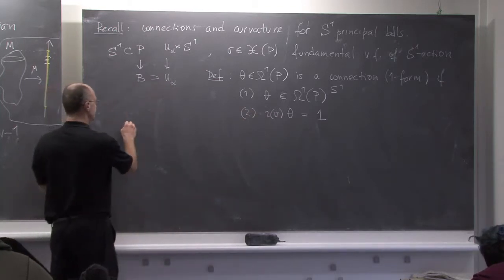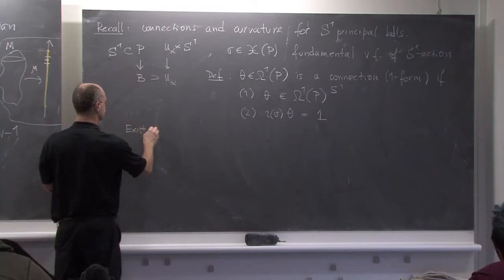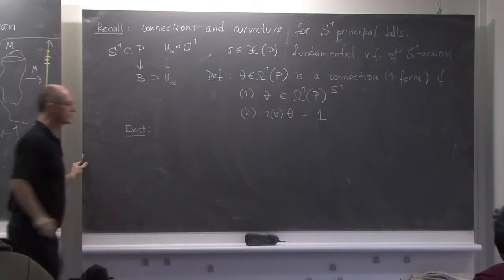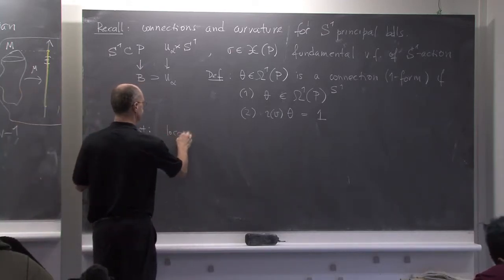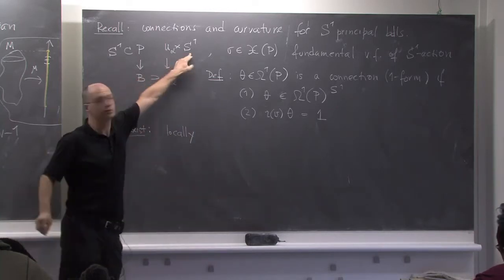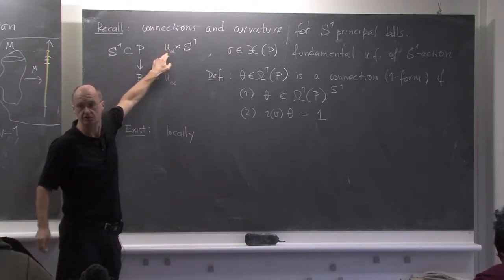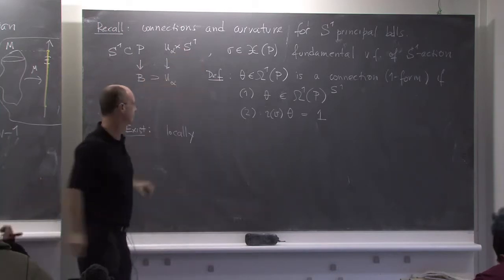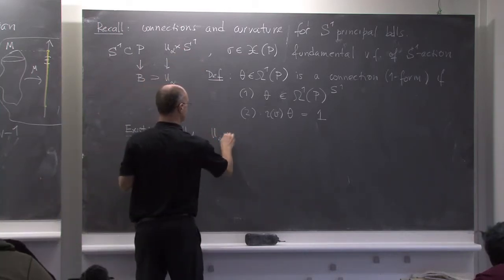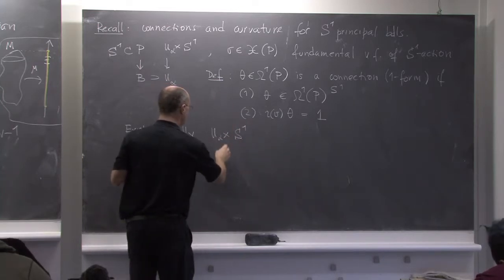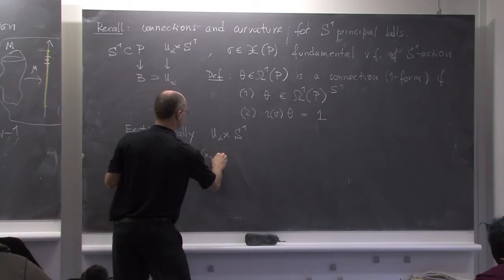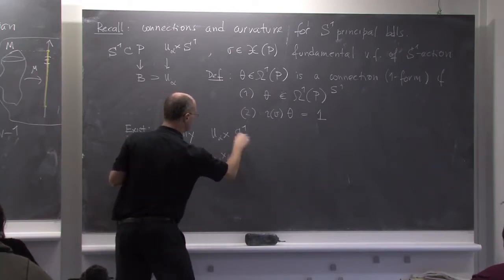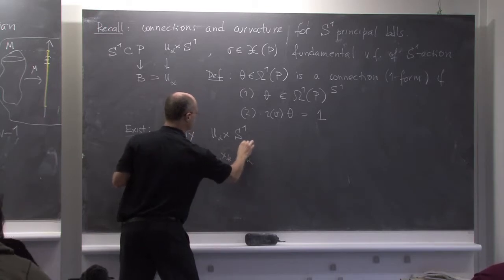So let me briefly say why such forms exist. So locally, I recall our bundle, it looks like just a product of some chart times S1. So we have U alpha cross S1, and we can say that points here, or coordinates here are some x1, ..., xk, and here the coordinate, let me call it phi alpha.